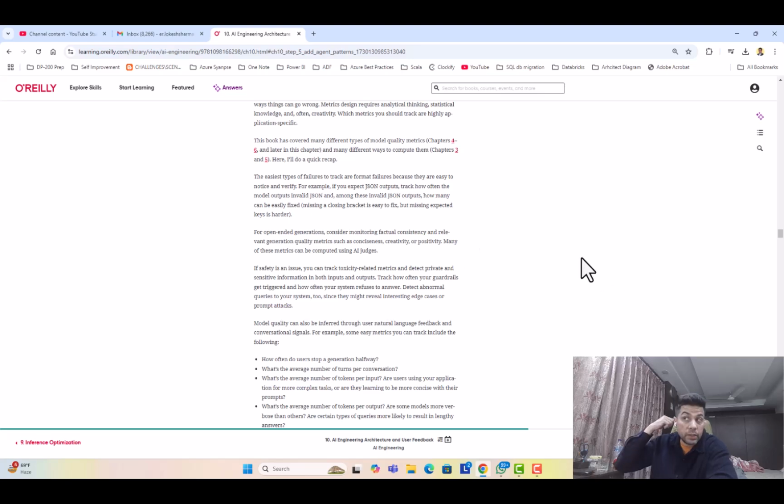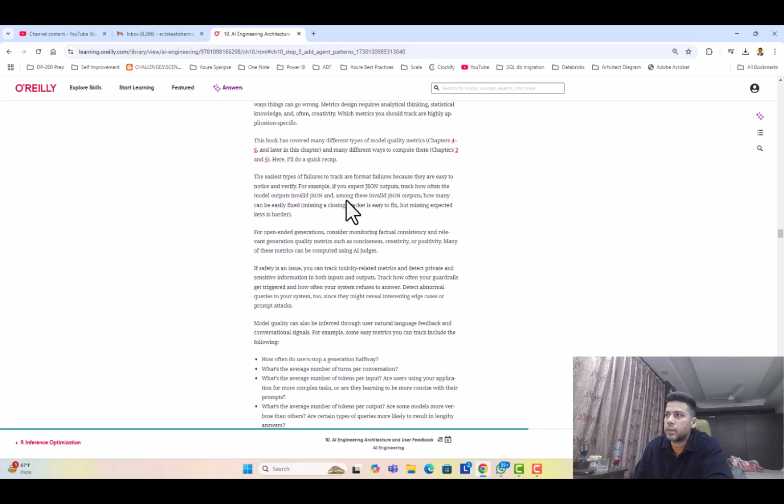I'm not going to read the entire book, but whatever the author has written in this chapter, you would have a detailed subchapter around it. So, for example, for monitoring and observability, there are certain chapters like chapter 4 to 6 or 3 to 5, which will go into the details of those.